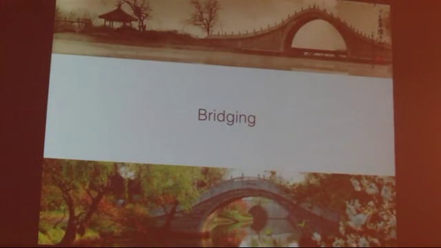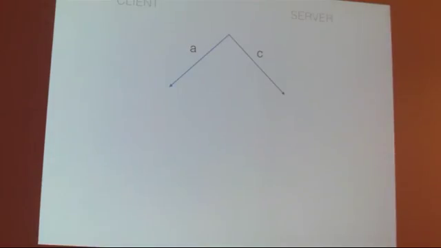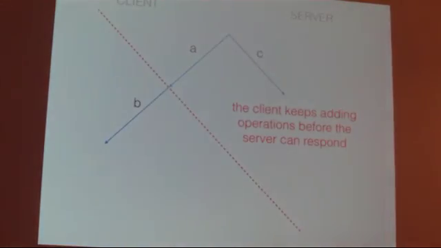Okay, so there's one more thing that you've got to learn before you can understand how this works. It's called bridging. And bridging solves this problem: you've already sent A and C to the server, but the client is still typing, so he's still creating more operations.